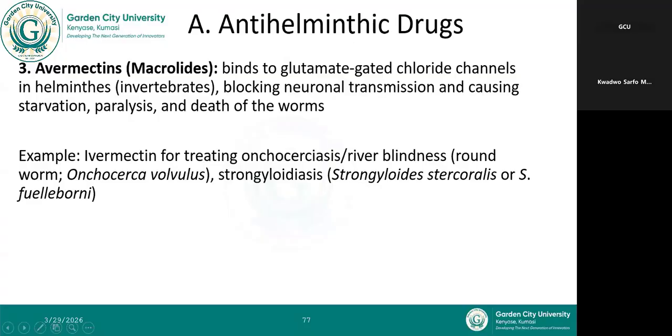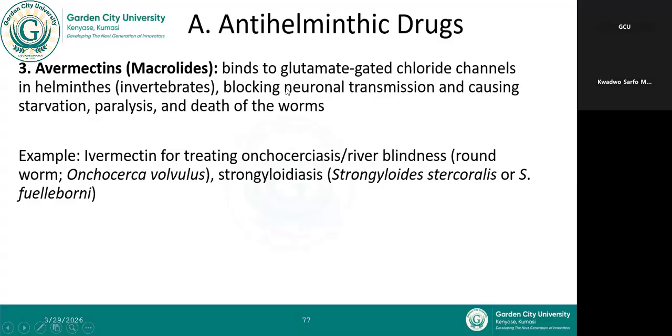The ivermectin, the macrolides, so we have macrolides that are also antibiotics, but we have these that are anti-helminthics. They bind to the glutamate gated chloride channels, which serve to check the response to stimuli.